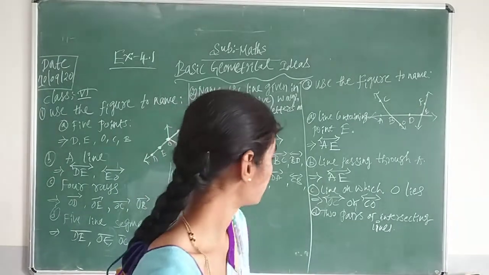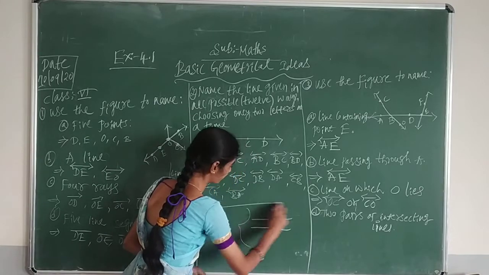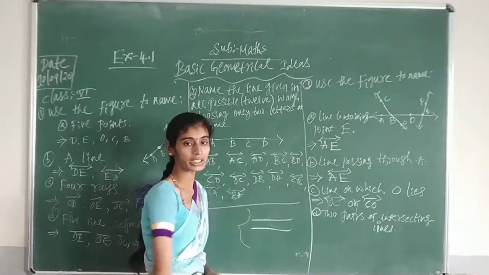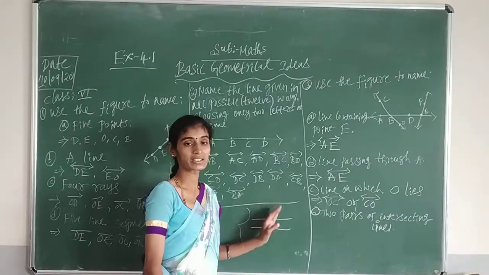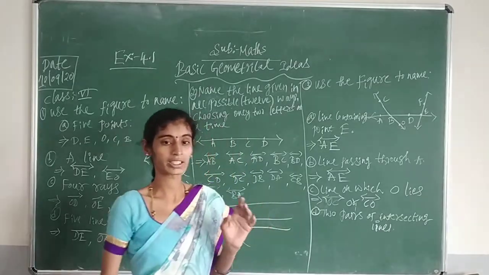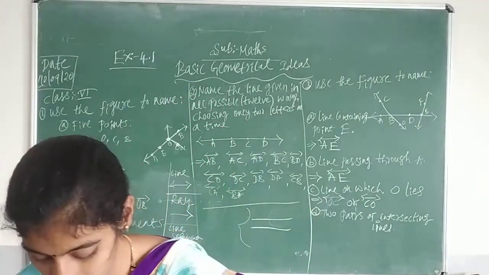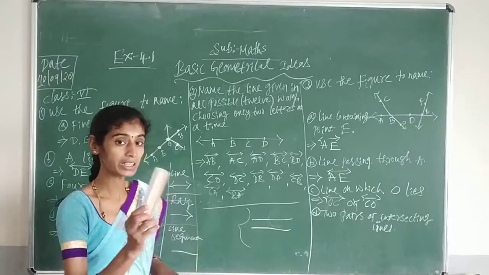Whether these two are intersecting lines? Can we call this an intersecting line? No. Why, children? Intersecting lines are nothing but the lines should cross each other. Then only we can say that the lines are intersecting lines.